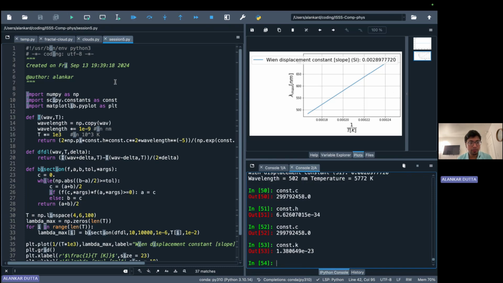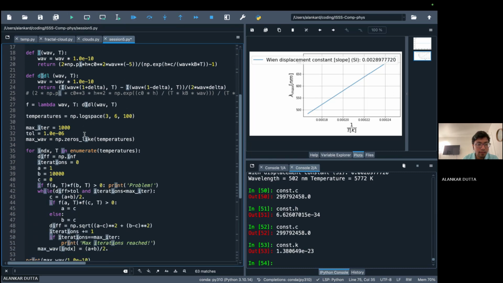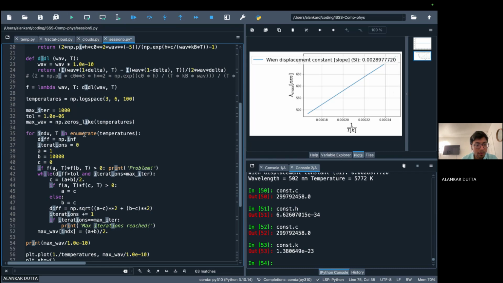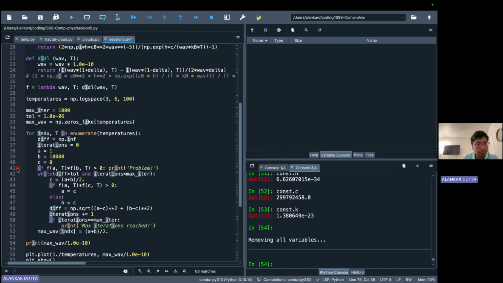I think I have, there is no problem in here at least. Let's see here what values do I get.